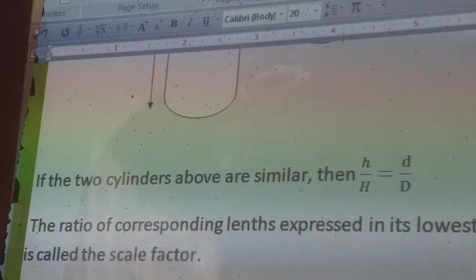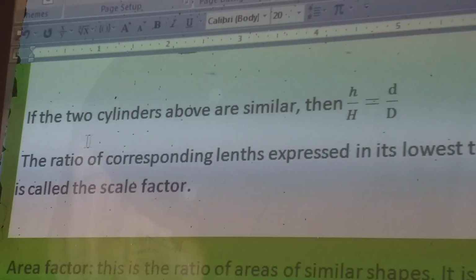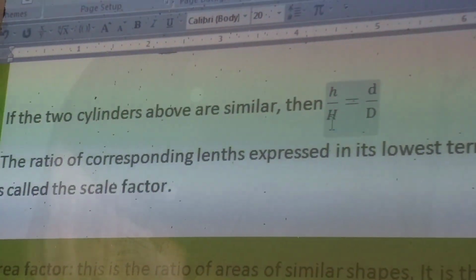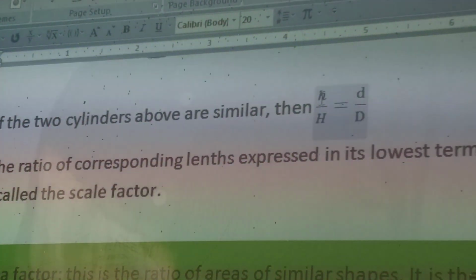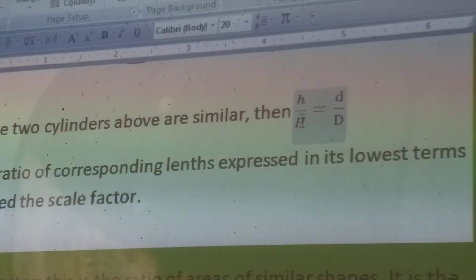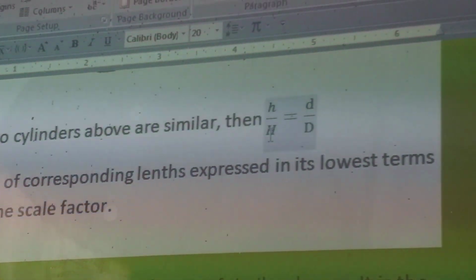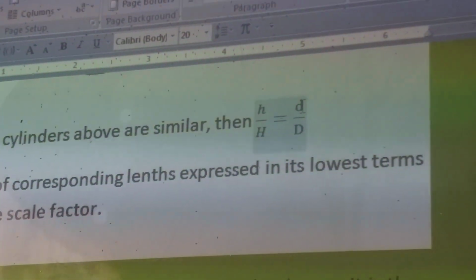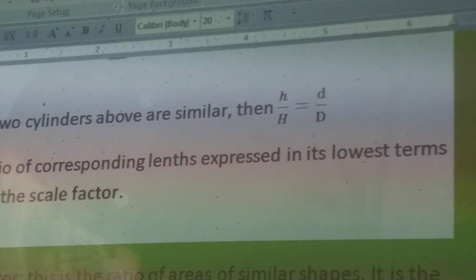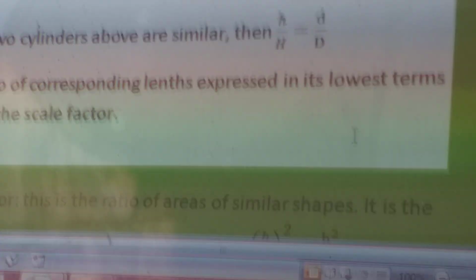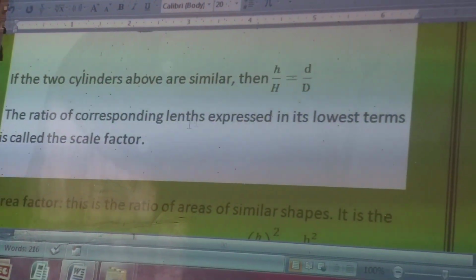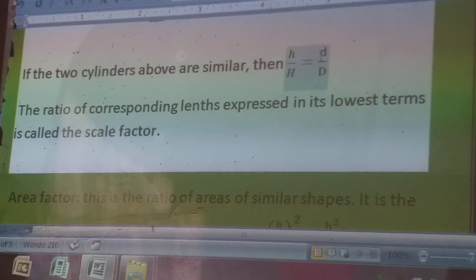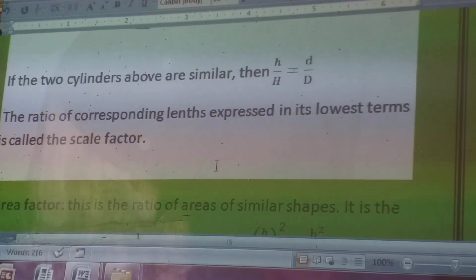Right, we are saying if two cylinders above are similar, then h over capital H, small h represents the height of the smaller cylinder, over capital H represents the height of the larger cylinder, equal to diameter of the smaller over diameter of the larger, which is equal to, we are saying the ratio of corresponding lengths expressed in its lowest terms should be equal, and this is called scale factor.